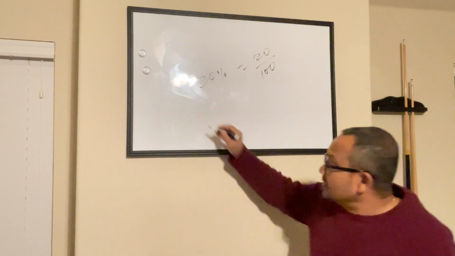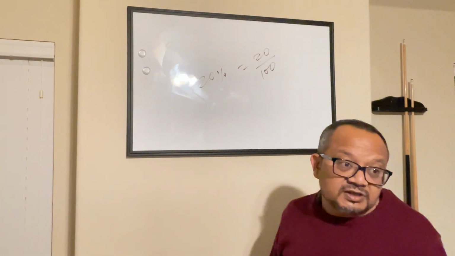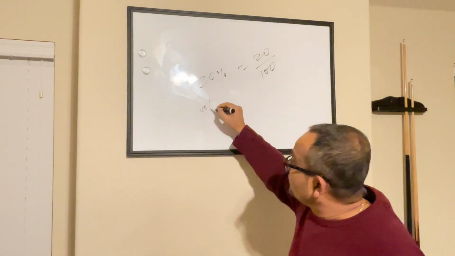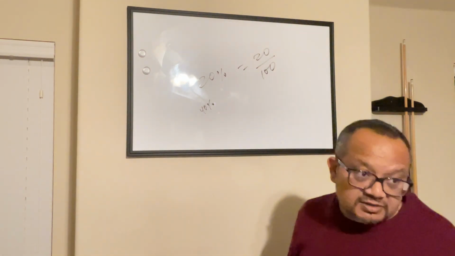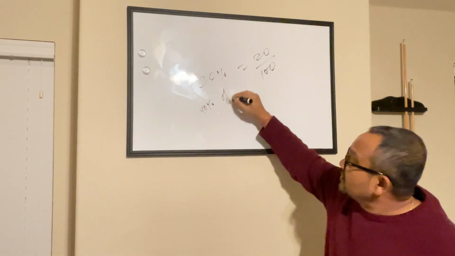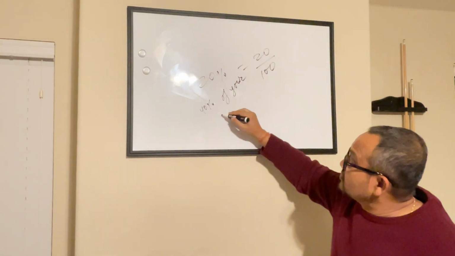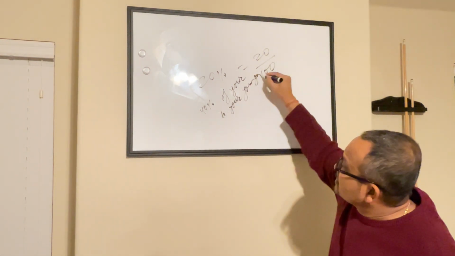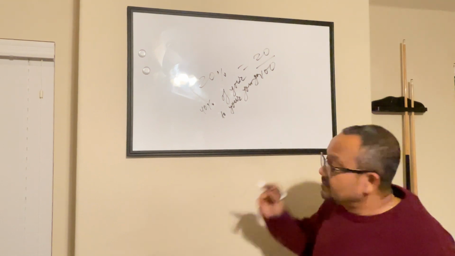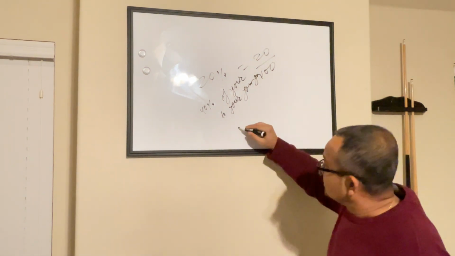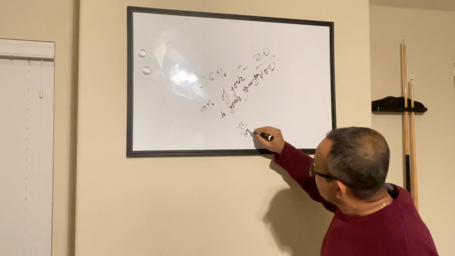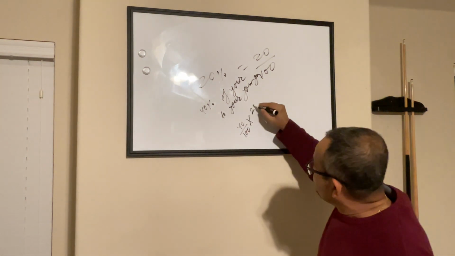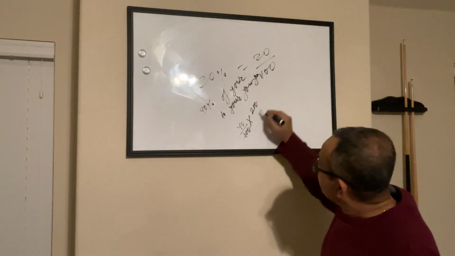Let's say somebody says give 40% of your savings to your younger sister. Now, what will you do? 40% of my savings. If I have $200, I have to give $80.